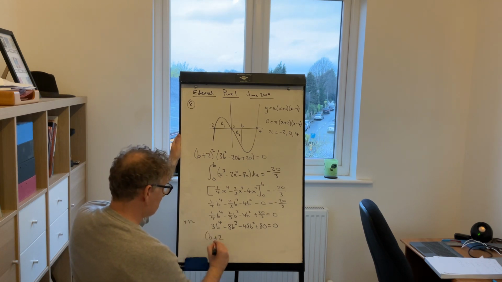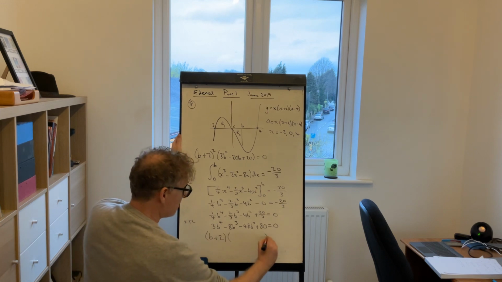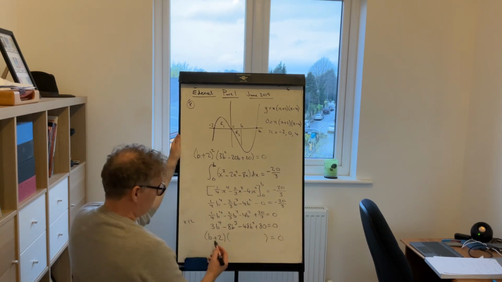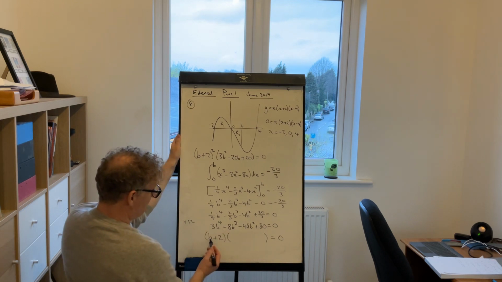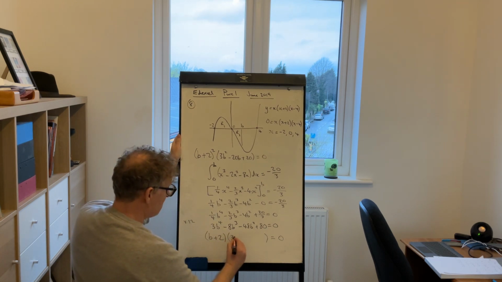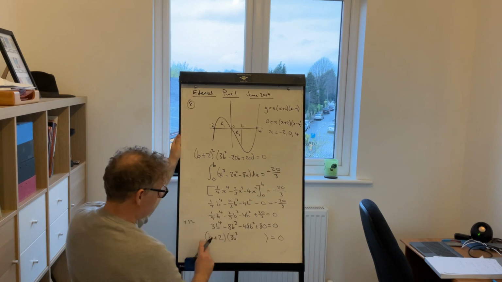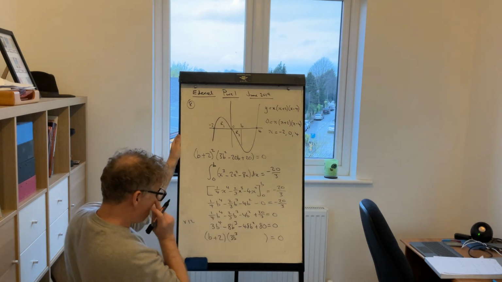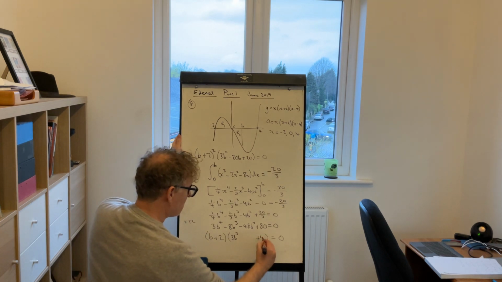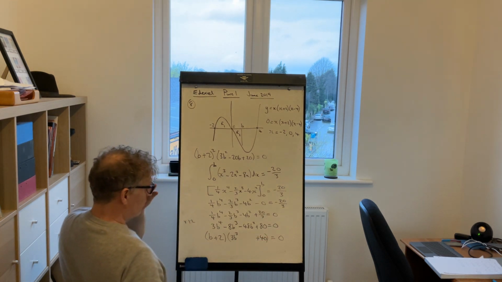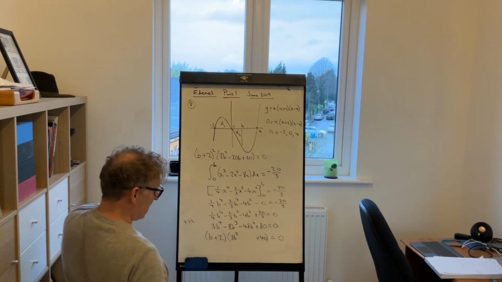So I just do b plus 2, and I know that multiplies. B plus 2 times that must give me that. So b times 3b cubed will give me my 3b to the 4. Okay, and then 2 times 40 will give me my 80 on the end here.